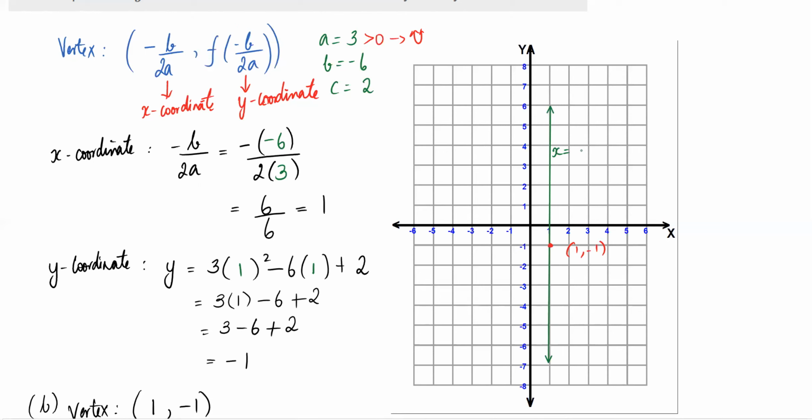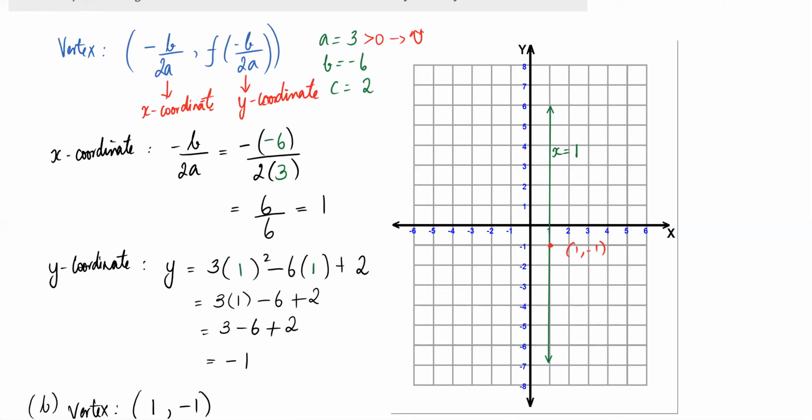What number is it? If you recall that lesson, x equals a number is usually the number through which the vertical line passes. The vertical line passes through 1, so the equation is x equals 1, okay? So that's the equation that we need to give, because you can't just say it's a vertical line passing through the vertex. When we are speaking in algebra, we have to be very specific and give the equation.